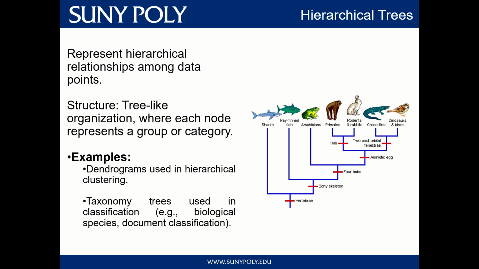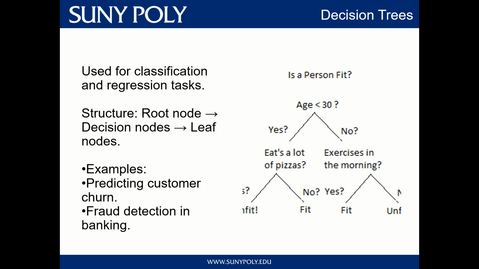And then, of course, once you create a group, you can do the cluster profile. So we use dendrograms for this purpose to represent these hierarchical trees. And we will also cover some examples about classification trees and regression trees.